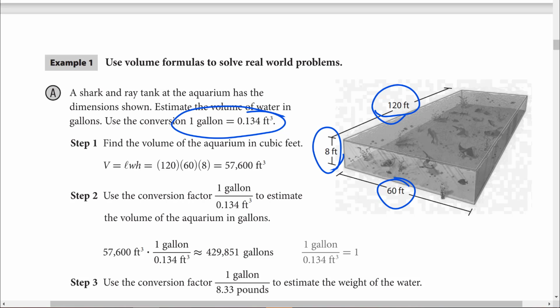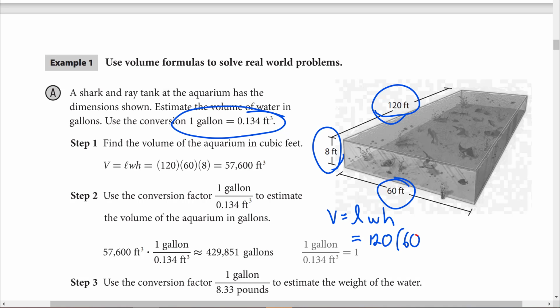Well, that's as simple as length times width times height. I use a cursive L, the book does as well. Regular L's tend to look like ones, so it's just easier to use a cursive L. It doesn't matter which one you consider the length and the width, absolutely not. I tend to make the length the longest side.